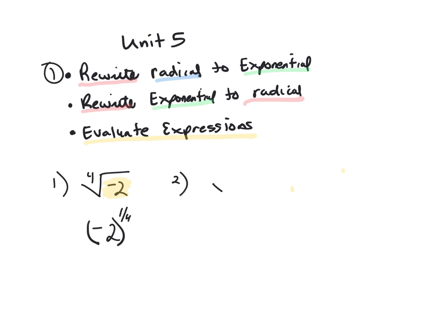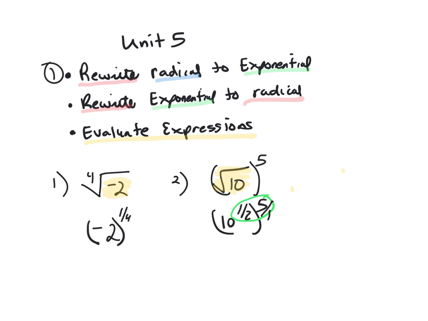If you had the square root of 10 being raised to the 5th power, remember the square root of 10 could be written as 10 to the 1/2 power, and then that is being raised to the 5th power. And remember, when you have a power to a power, you multiply. And how do you multiply fractions?